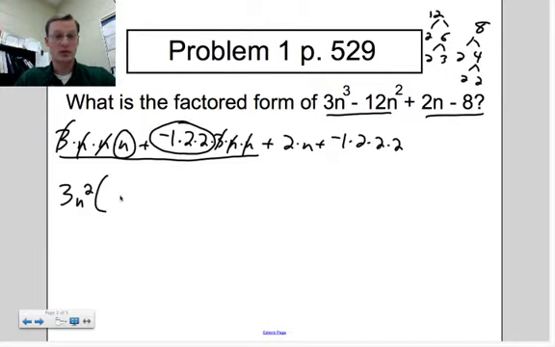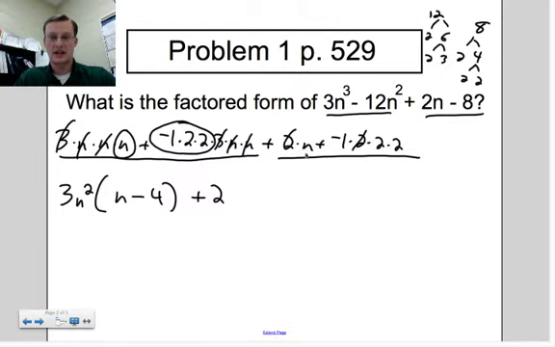So what's left over, I put in parentheses: n plus negative 4. Instead of saying plus negative 4, I'm just going to say minus 4. Now, what do I see in common with these? I see that there's a 2 in common. I wouldn't write a negative here unless I had a negative 1 in common. 2 is in common, and there's nothing else. So I write parentheses.